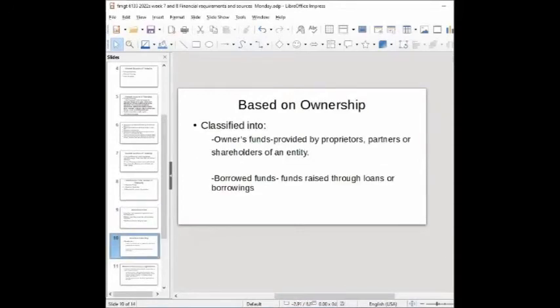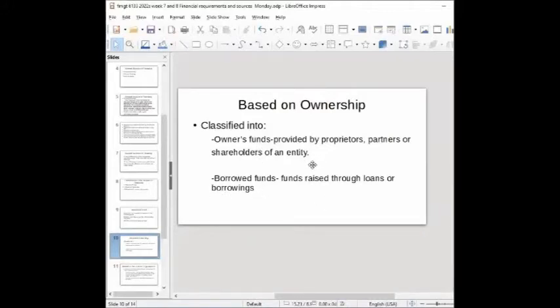So based on ownership, on this basis, the sources can be classified into owner's funds and borrowed funds.